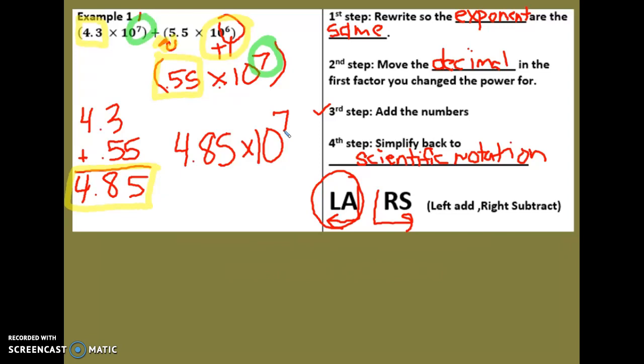We need to ask ourselves, is this answer written completely in scientific notation? First, do we have only one digit to the left of the decimal? Yes. And second, do we have a power of 10? Yes. So now we have added two scientific notation numbers together, and we've reached 4.85 times 10 to the 7th power.